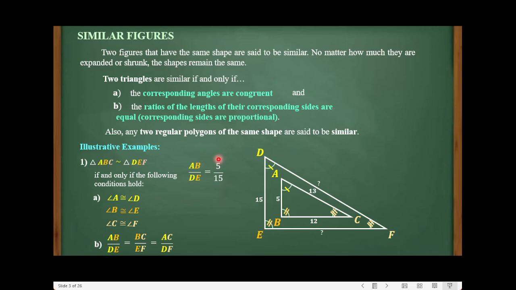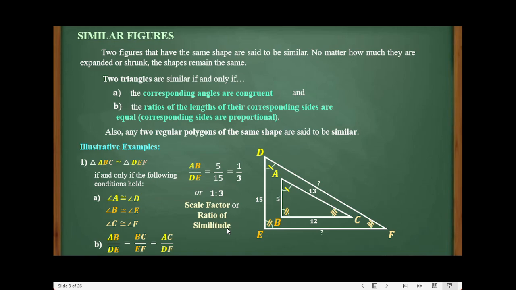So, if we reduce this fraction to its simplest form, it will give us 1/3, or that is 1:3. And this particular ratio is called what? The scale factor, or the ratio of similitude.